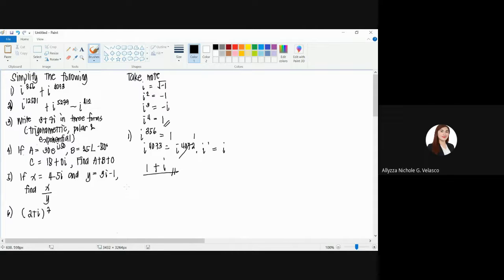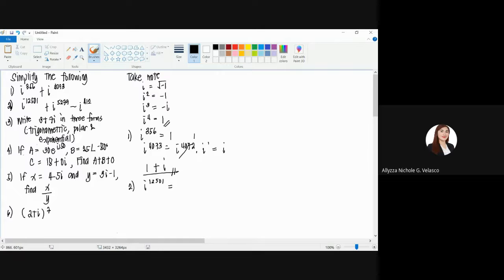So, let's proceed to number 2. i raised to 12,501 plus i raised to 5,279 minus i raised to 412. First, we get the value of i raised to 12,501.